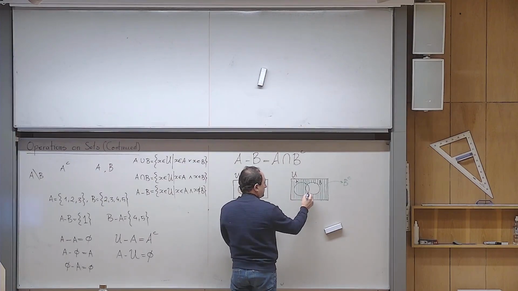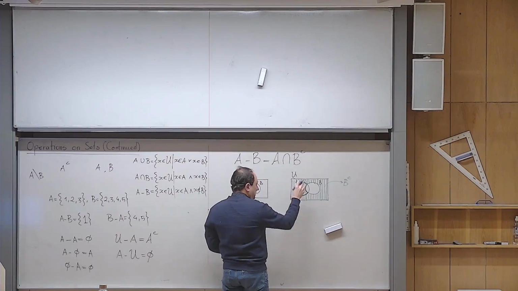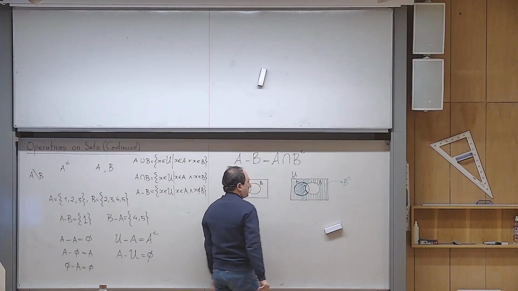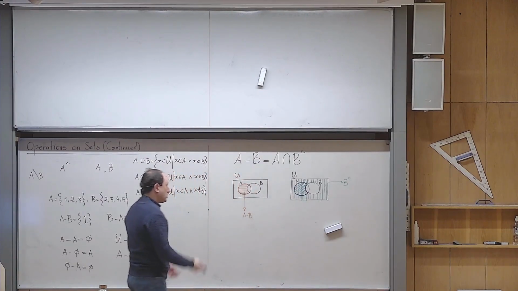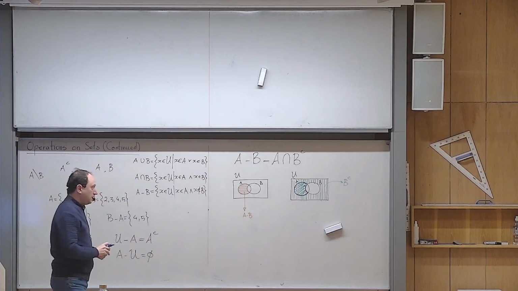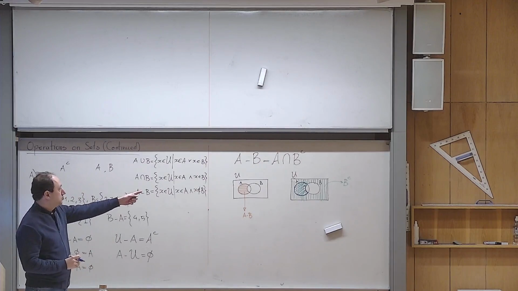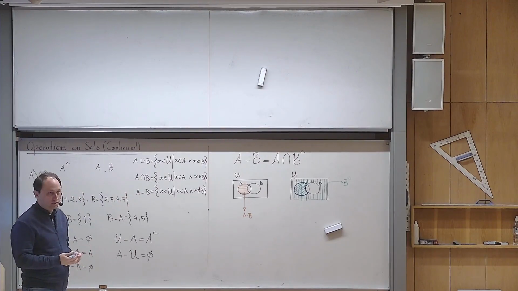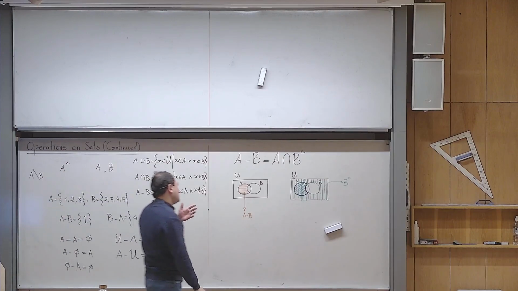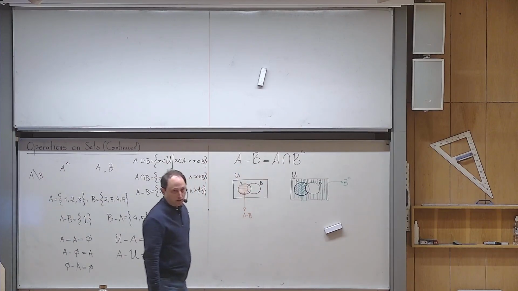Hopefully you agree with me, this is exactly inside this border. These are the only points which are both in A and colored green as well. And then if you compare that blue part with this orange part, they are exactly the same region. So that's one investigation. It's a good justification why these two are equal.